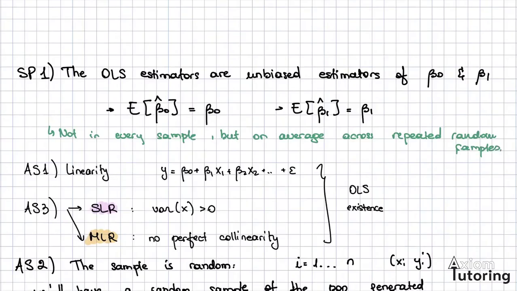Ultimately, unbiasedness is a property of the data generation process, not the particular data set that is in front of us. And it's quite important to remember that.